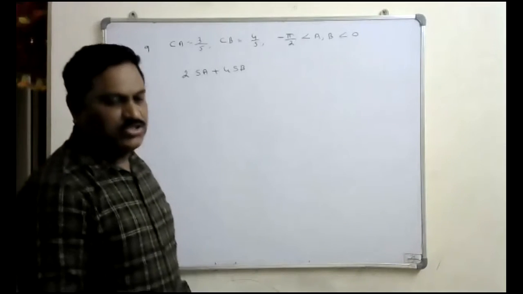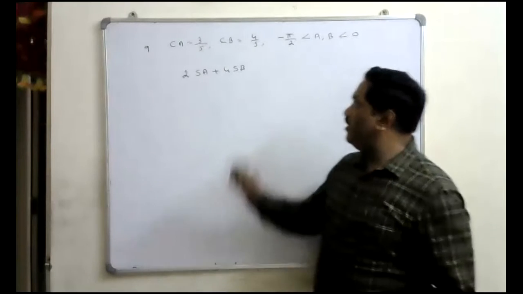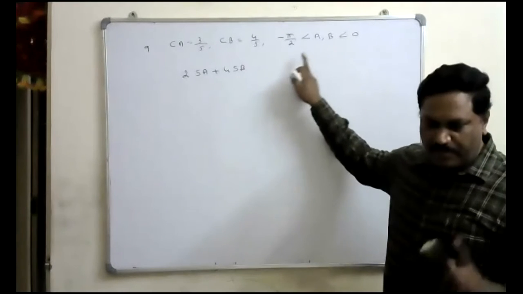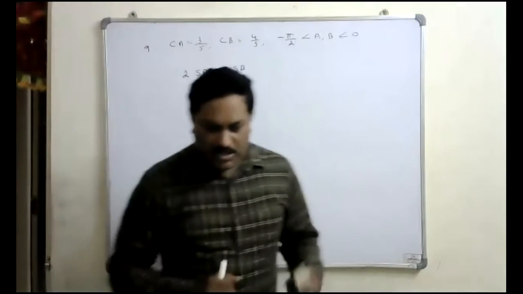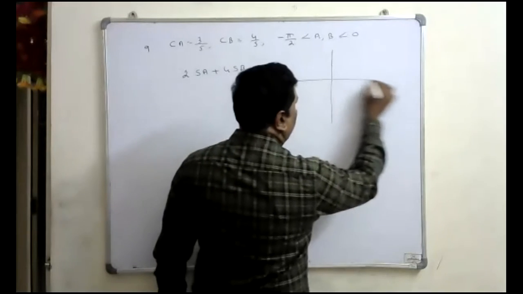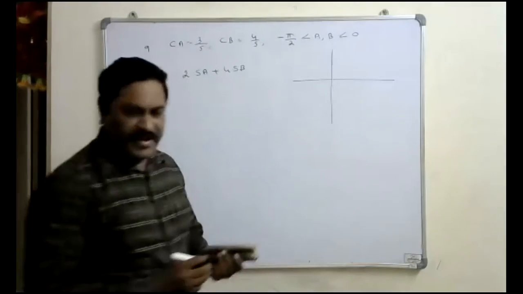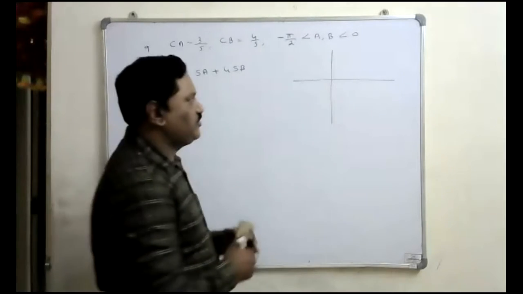Just observe here. Since they have given that A and B both lie between minus pi by 2 and 0, in which quadrant does it lie? Generally, when the angles are given as negative, we have to measure the angle in the clockwise sense.